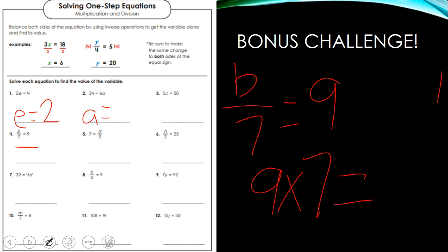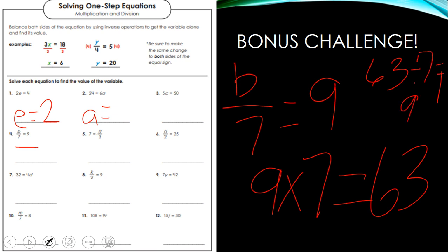Maybe I'll write it down. Maybe I need to remember my 7 times tables. But I know that if I use my 9 times table finger trick, that 9 times 7 is 1, 2, 3, 4, 5, 6, 7. It is 63. Okay, so 63 divided by 7 to check it should equal 9. Okay? And that is what you need to do for your division if you want to do the bonus.